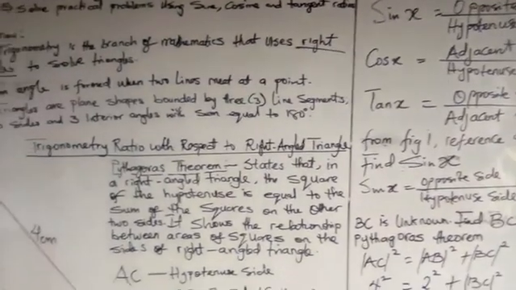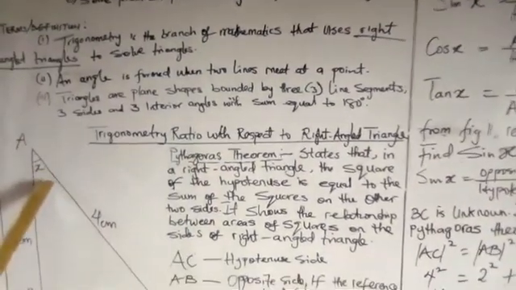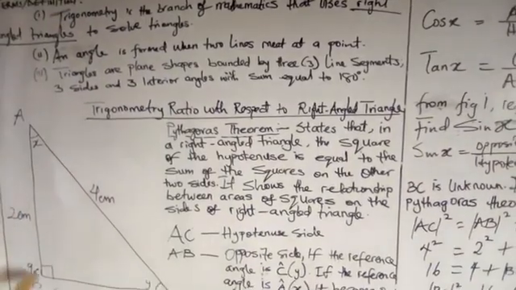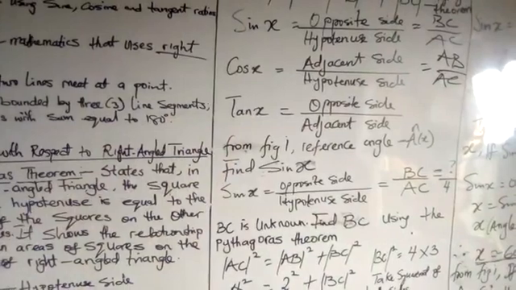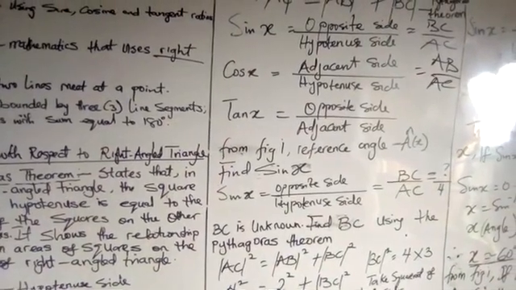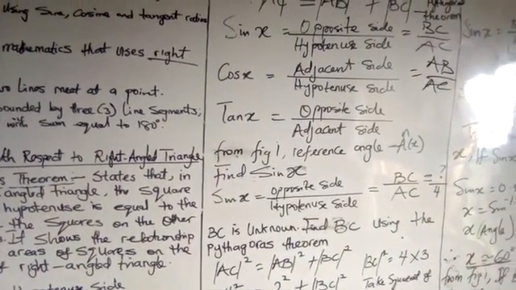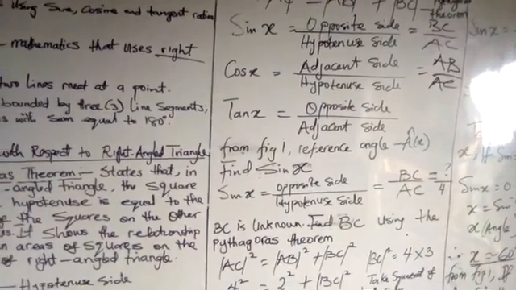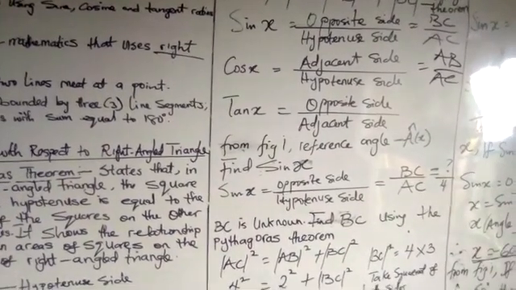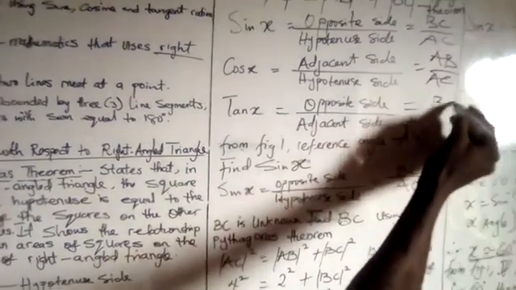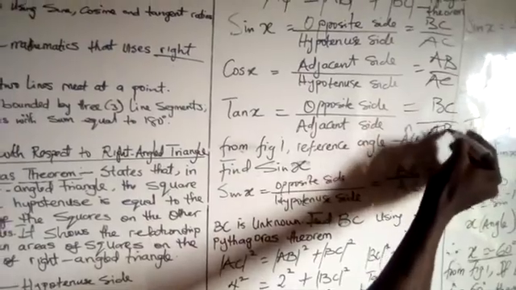Since our reference angle is X, our adjacent will be AB, so AB over hypotenuse AC. And for tan, the tangent ratio is opposite over adjacent, our opposite is BC, while our adjacent side is AB. Do you get now?